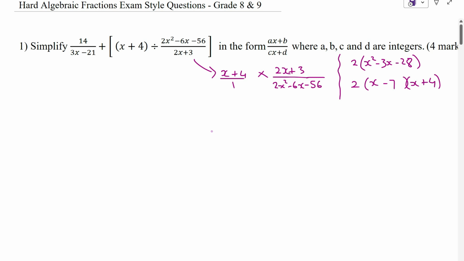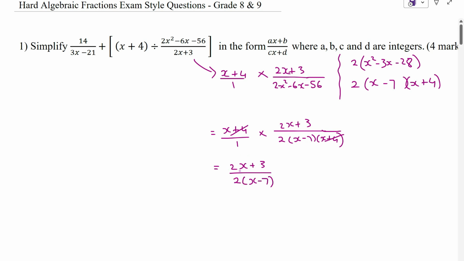So if we rewrite this now, we get x plus 4 over 1 multiplied by 2x plus 3 over 2 times x minus 7, x plus 4. You can see straight away we can cross cancel these two out, which leaves us with 2x plus 3 over 2x minus 7, which now can replace this entire bracket here.